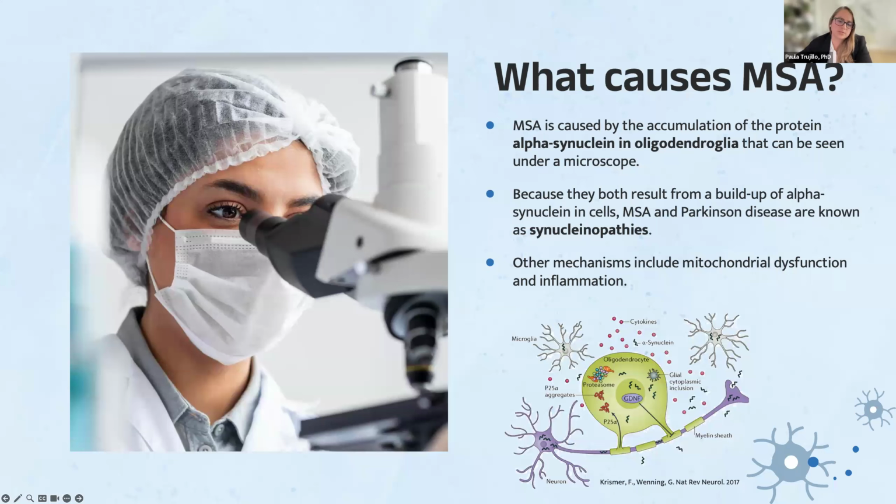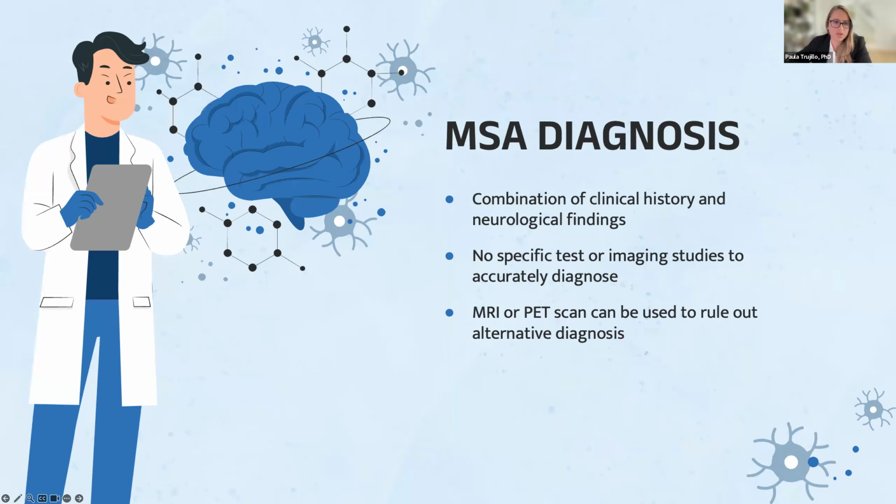There are other mechanisms that have been proposed for possible contributors to MSA, such as mitochondrial dysfunction or inflammation. But again, there are still a lot of things that we completely don't understand about MSA.